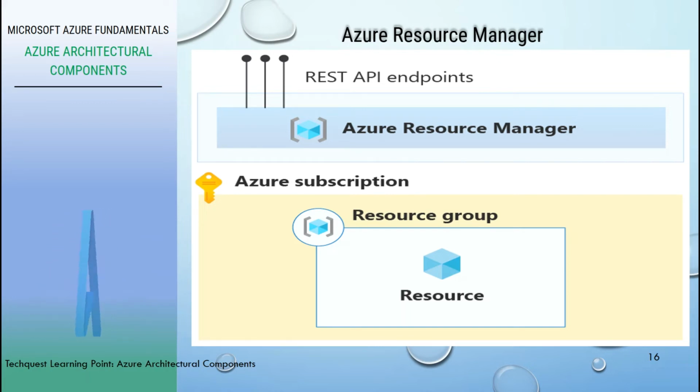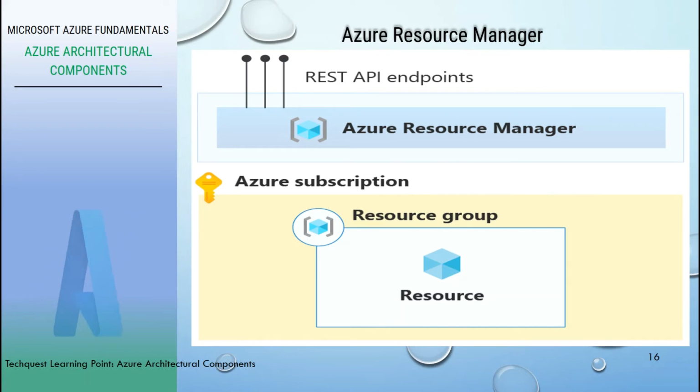Redeploy your solution throughout the deployment lifecycle and have confidence your resources are deployed in a consistent state. Define the dependencies between resources so they are deployed in the correct order.